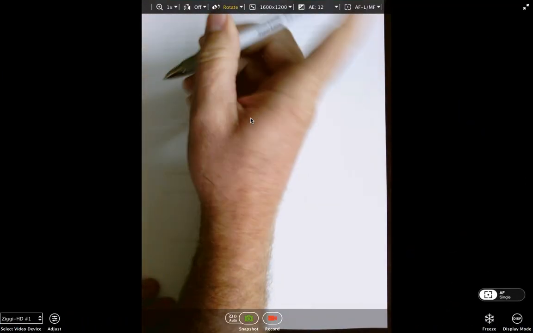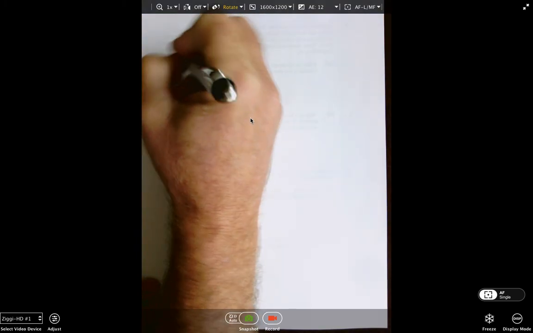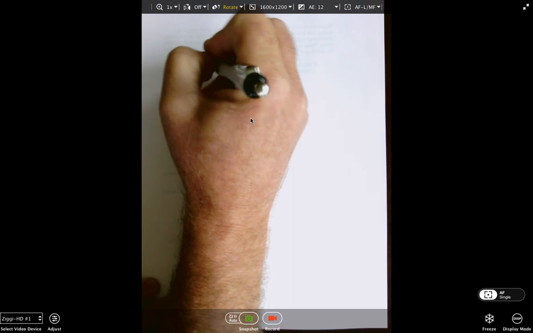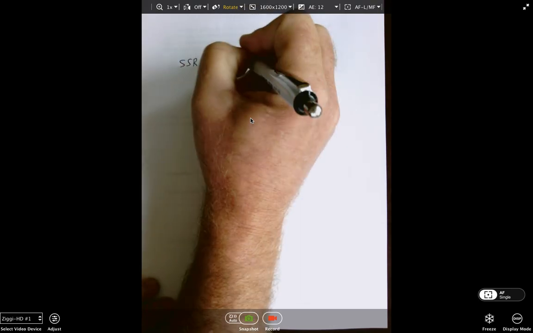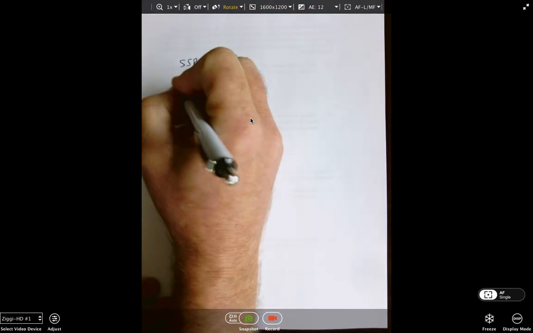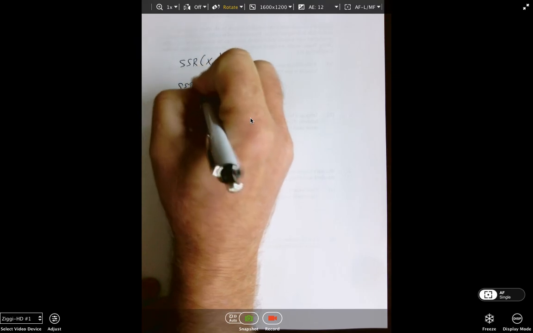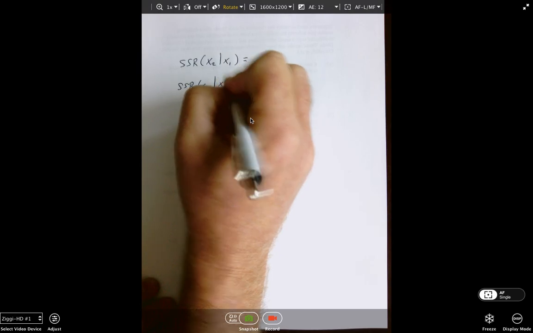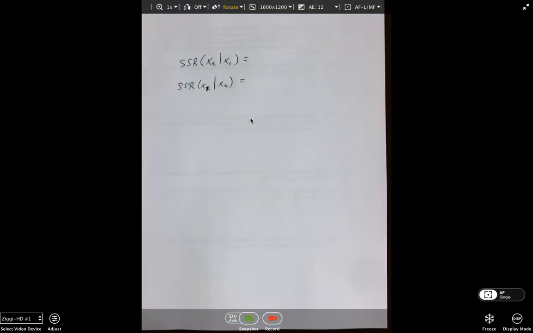And you can really see that if we examined the following sum of squares regression. Let's look at adding x2 when x1 is already in the model. And let's look at adding x1 in the model when x2 is already in there.